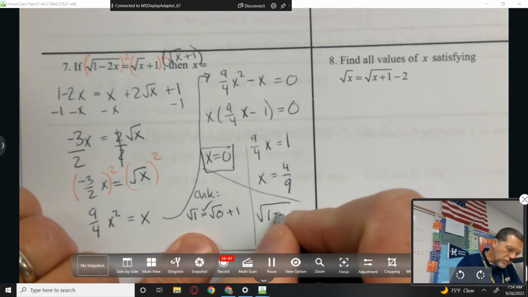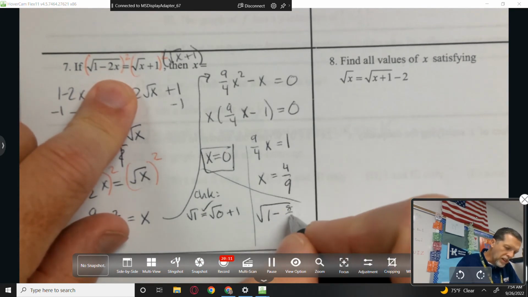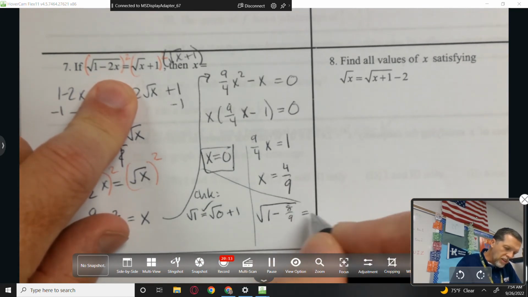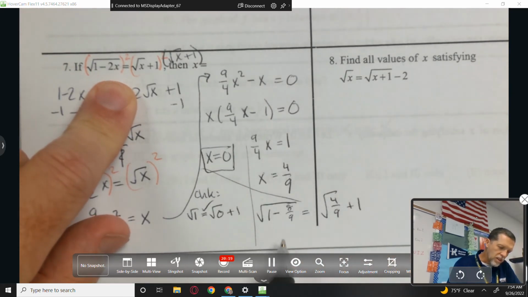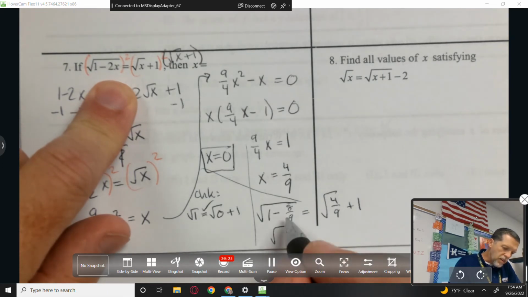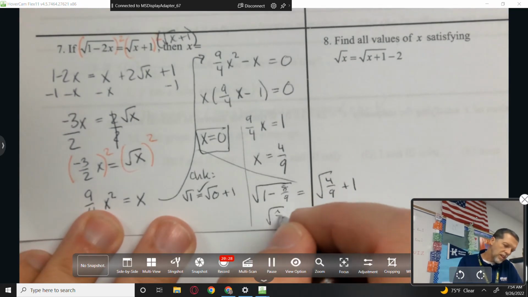Square root of 1 minus 2 times 4/9 would be 8/9 equals square root of 4/9 plus 1. I'm running out of space. 1 minus 8/9 would be 1/9.